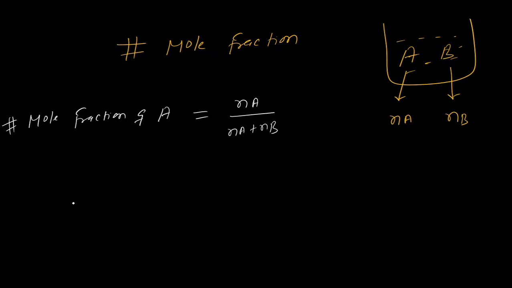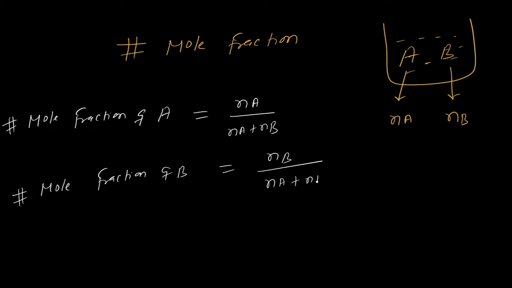So this is the mole fraction of A. If you want to find the mole fraction of B, it will be equal to the number of moles of B upon the total number of moles. So this is the mole fraction of A and the mole fraction of B. Usually mole fraction is represented by xi, written like this, with the x a little bit extended. So this is xi.